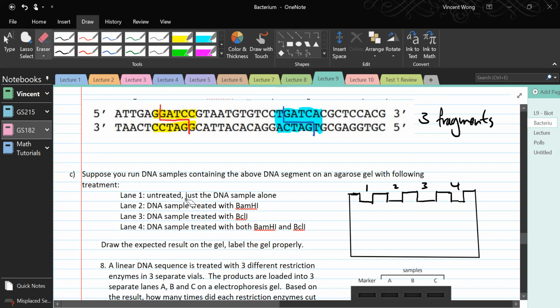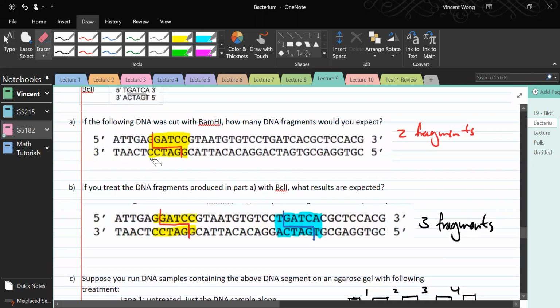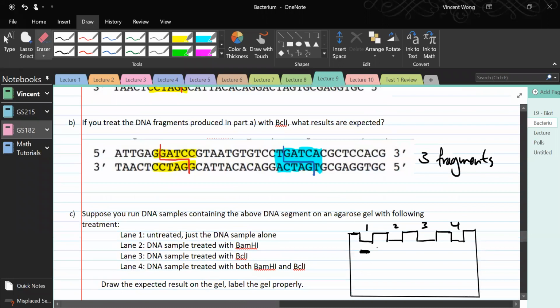Okay, so untreated, just the DNA sample alone. So just the DNA sample alone is just one long strand, and you probably will find it near the top. Okay, DNA sample treated with BamHI. So BamHI, as we saw, is going to cut it into 2 parts. You will get a short one and then a relatively longer one. So you would have one fragment at the bottom and then another fragment here.